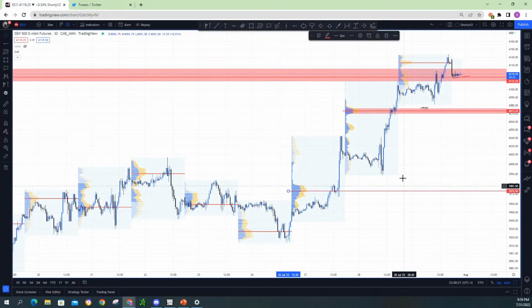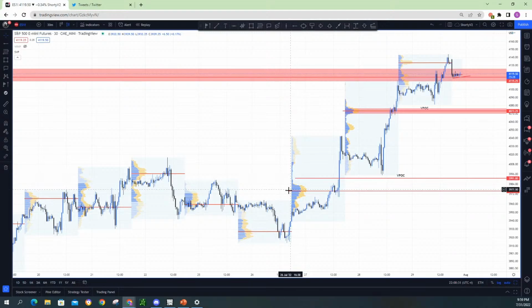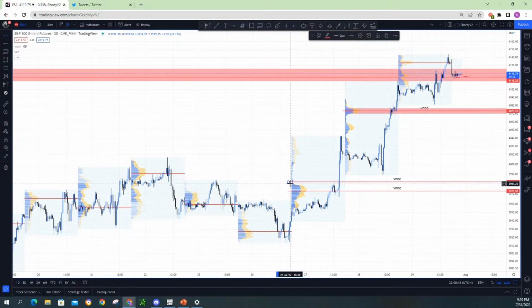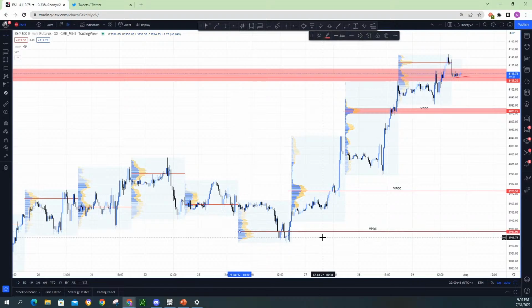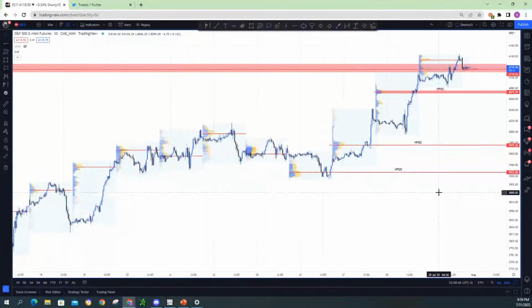Another VPOC here, maybe I can just copy this, get rid of this. And then another copy. We've got three VPOCs right below here on ES, going all the way to 39.27.